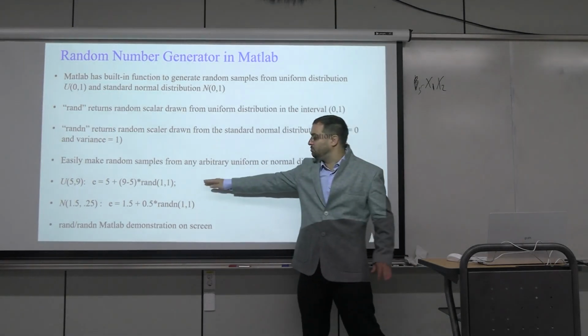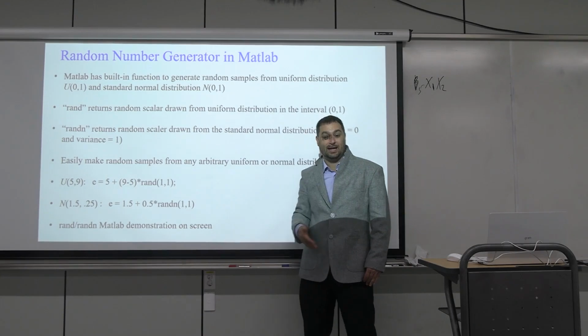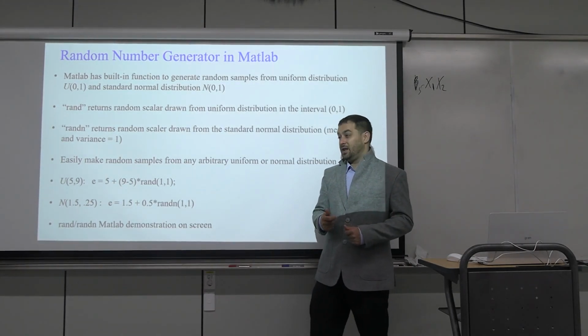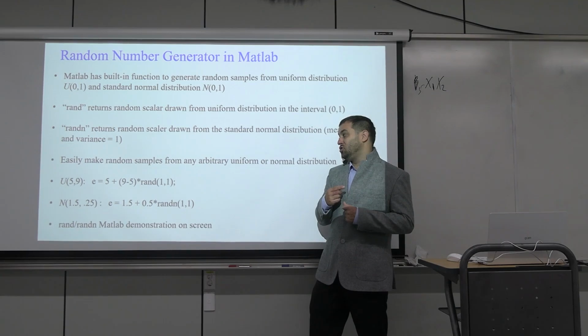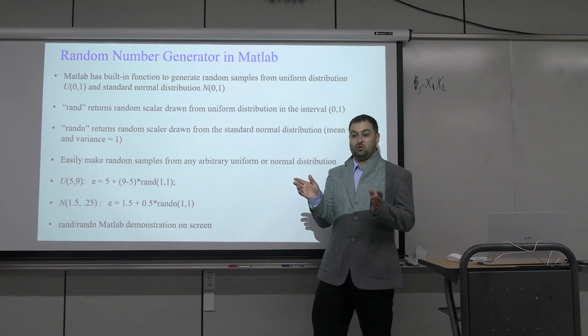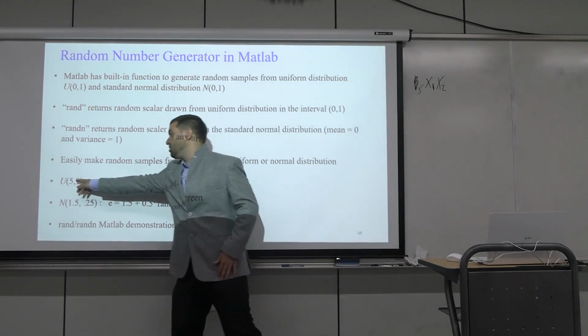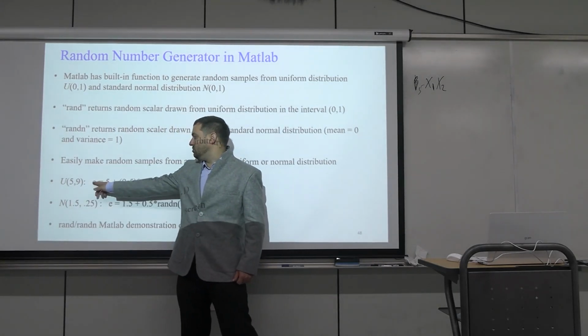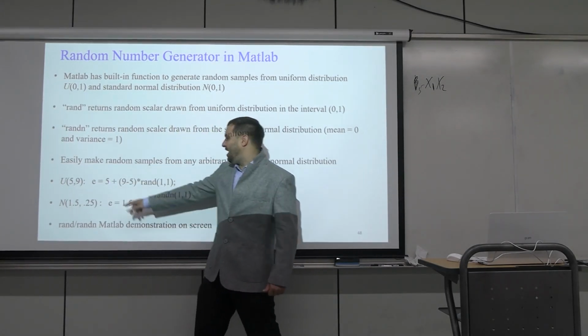The next two bullet points are actually command lines you could type into MATLAB. For example, if you wanted one uniformly distributed sample, but uniform between 5 and 9, I'm going to use E for error.